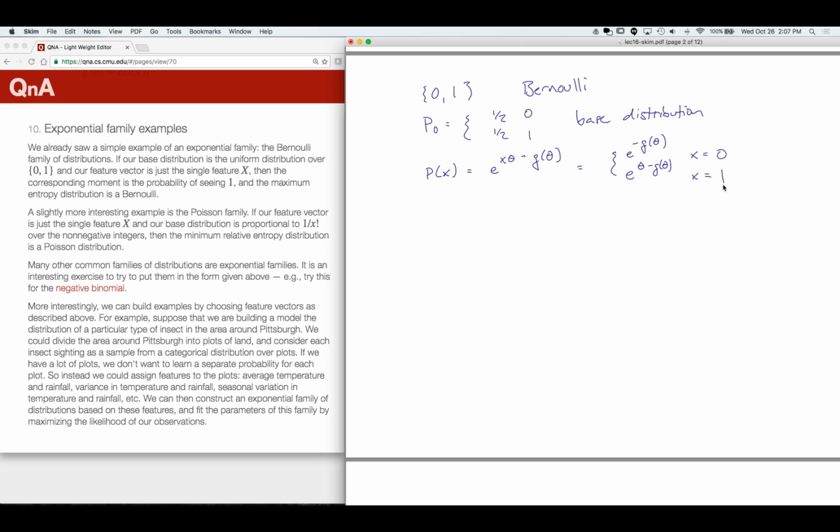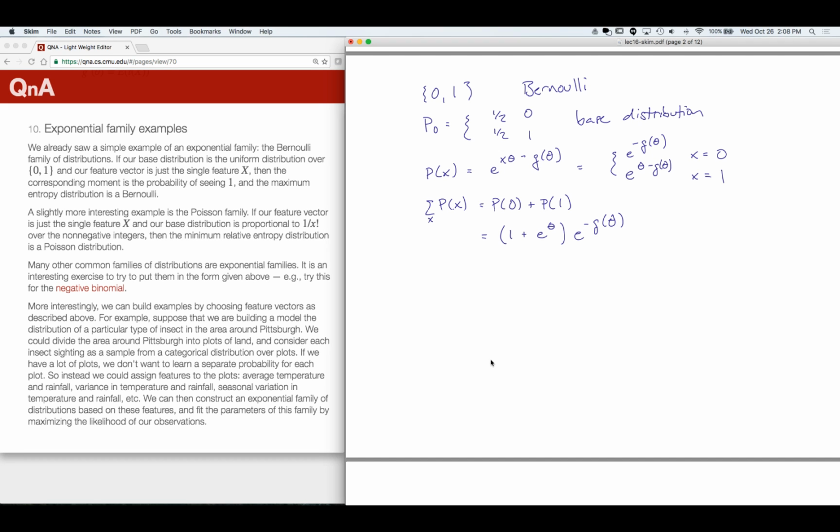And so the sum over all possible values of x of p of x, that's equal to p of 0 plus p of 1, which is equal to, I'm going to factor out the e to the minus g of theta, and so I'll have 1 plus e to the theta times e to the minus g of theta, right?